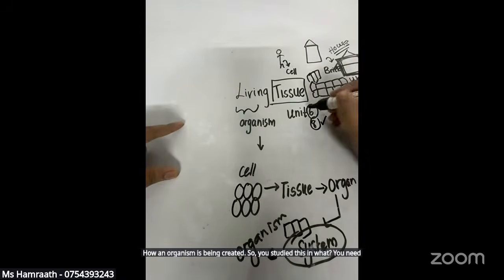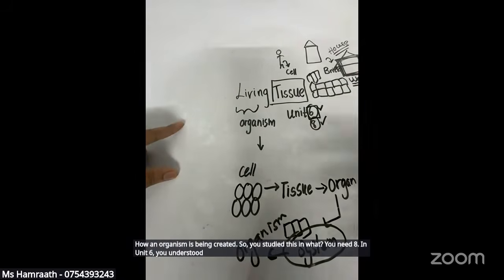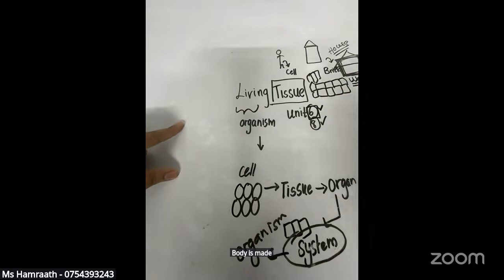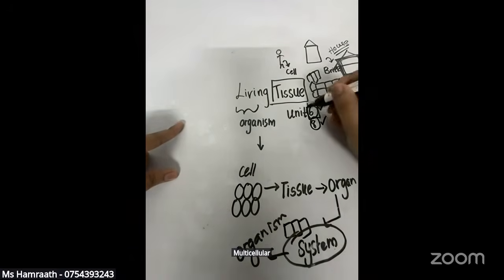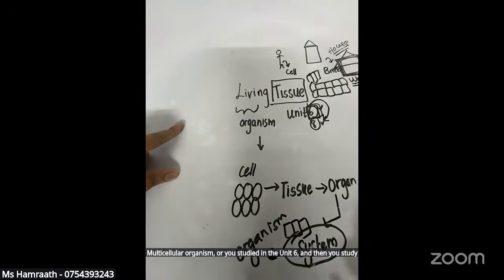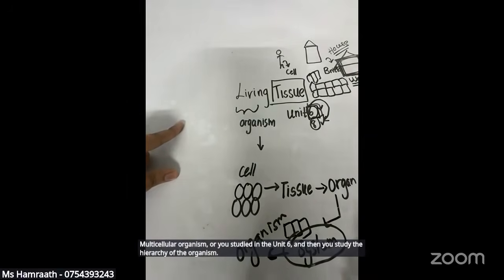In Unit 6, you understood your body is made up of cells. Some organisms are made up of one cell, and some are made up of two or more cells, which you call unicellular organisms and multicellular organisms. You studied that in Unit 6 and then the hierarchy of the organism in Unit 8.